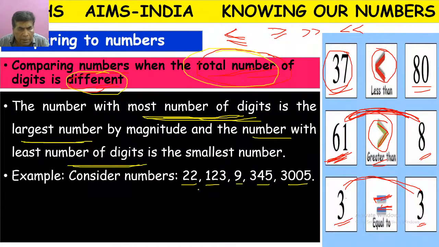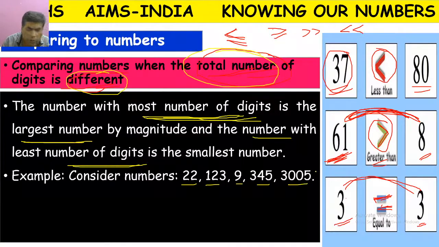Come on, try to identify. Among these numbers, there is a 2-digit number, a 3-digit, a single digit, a 3-digit, and a 4-digit number. So the number of digits are different. What is the largest number, the one having more digits?